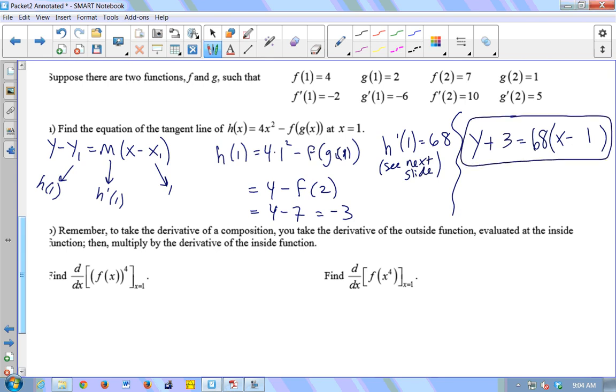And there's the equation of the tangent line. And if you like y-intercept form, you could use that too. Or you could change this to y-intercept form from here, whatever method you feel comfortable with. All right, so remember, when you're taking the derivative of a composition, take the derivative of the outside function, evaluate it at the inside function, then multiply by the derivative of the inside function.